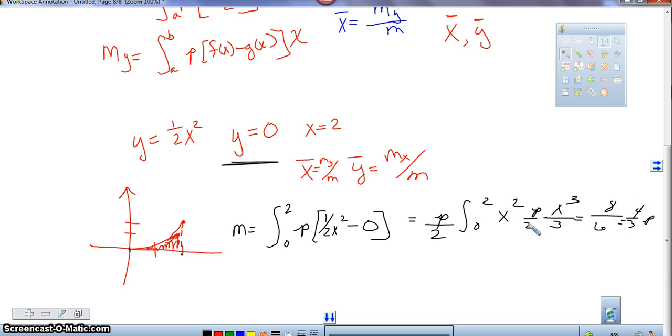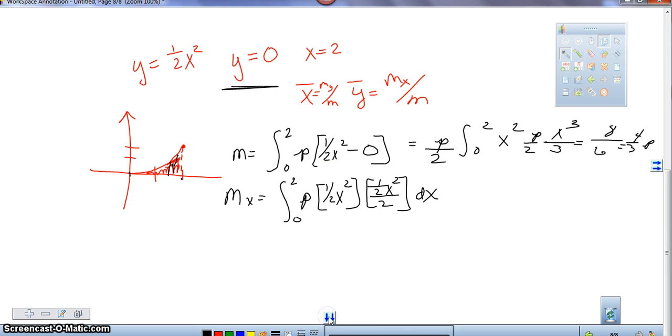4 rho over 3. Okay, so then to get your moment about, let's do the moment about x, you would go from 0 to 2, so you have your area, and then you'd have your density times your area, which we already figured out the area is just 1/2 x squared, times your distance, which would be the midpoint of that. So my distance from the x-axis is the midpoint, so it would be 1/2 x squared divided by 2.